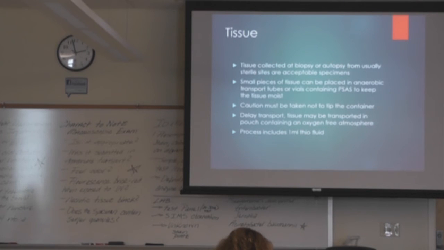The O2-free gas mixture is heavier than air, and it can be displaced by the room air. That's why they don't want it to tip. Delayed transport should be in a pouch containing an oxygen-free atmosphere, okay? And then the process will also include 1 ml of Thio Fluid again. So Thio Fluid is used quite frequently with anaerobes.